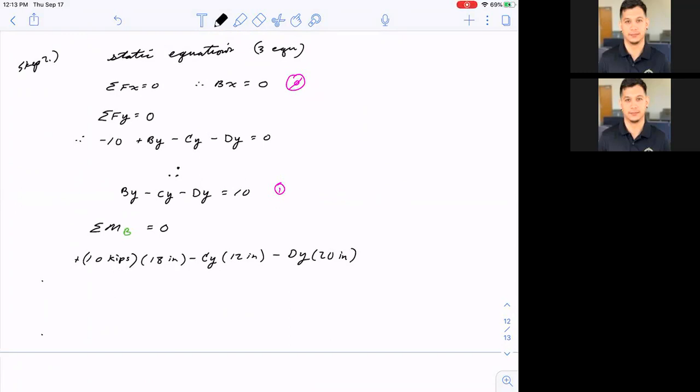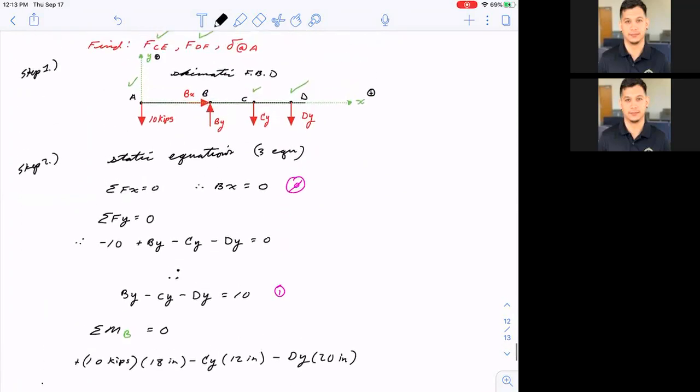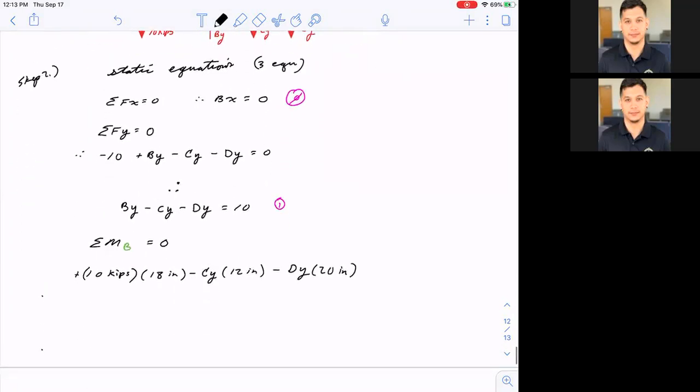Okay, so do we have any other forces? No, we don't. So this is equal to 0. You can get that 12, 20. So let's bring Cy.